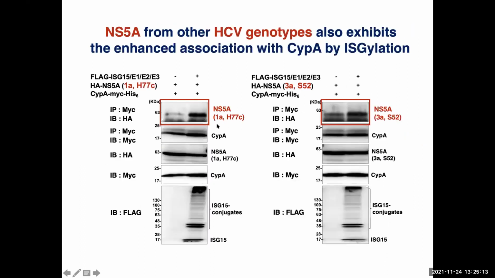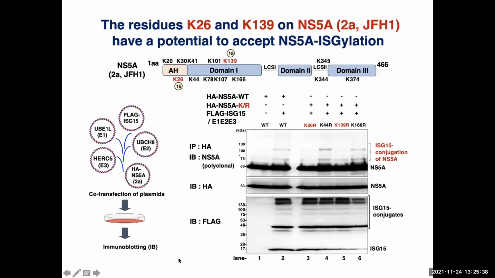Then we take a look at whether isolation promotes the interaction between NS5A protein and Sp.PA protein. And as you can see here, in genotype 1A and genotype 3A, isolation promoted interaction between NS5A and Sp.PA. However, genotype 2A doesn't have a lysine at domain 2.